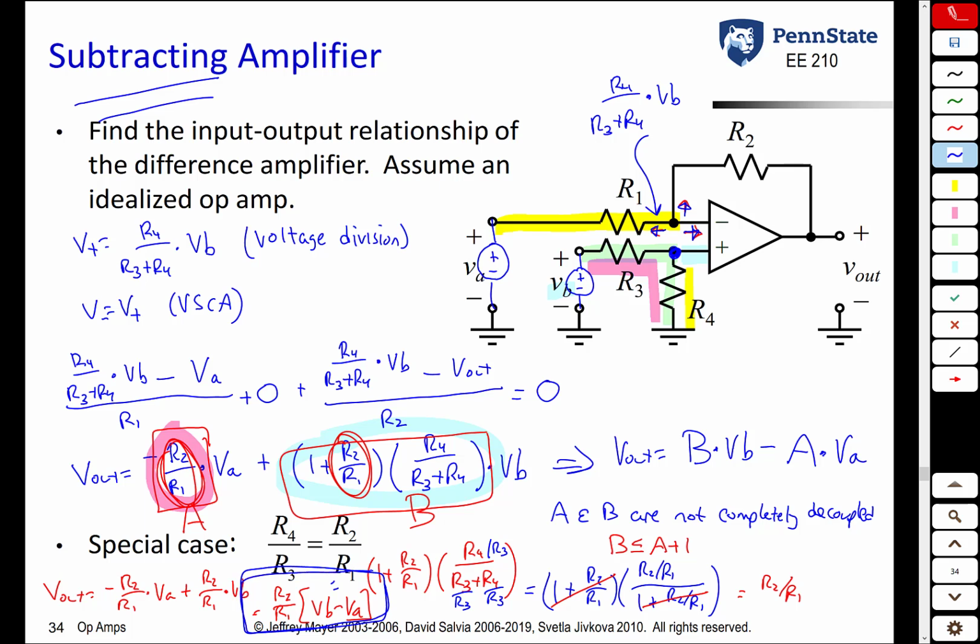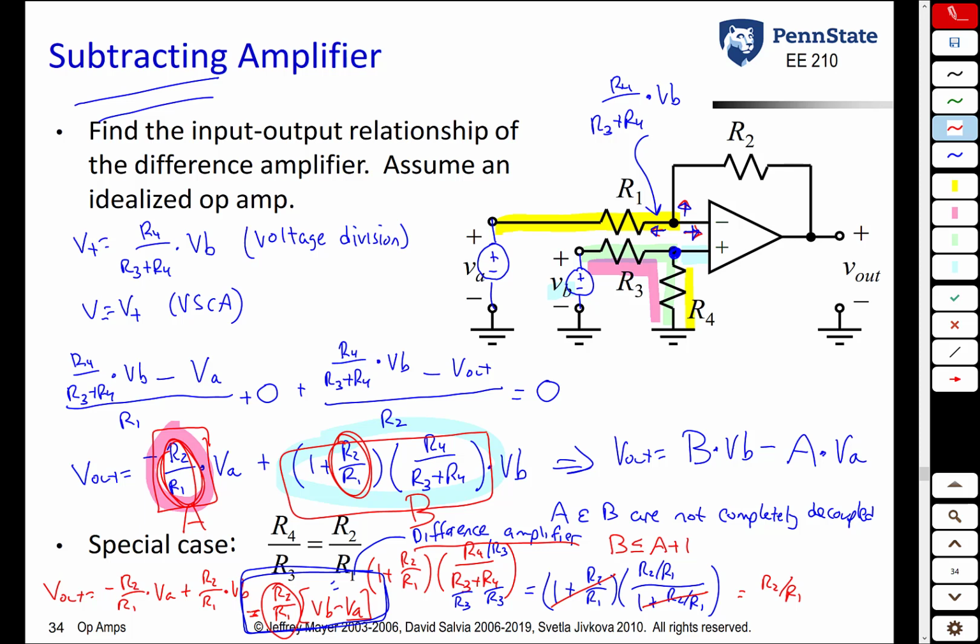We call this a difference amplifier. It's a special case of a subtracting amplifier where the two gains B and A are going to be the same. So once again, choosing the ratio of R2 and R1 determines what the total amplification would be, but it's always the difference between VB minus VA multiplied by that amplification.